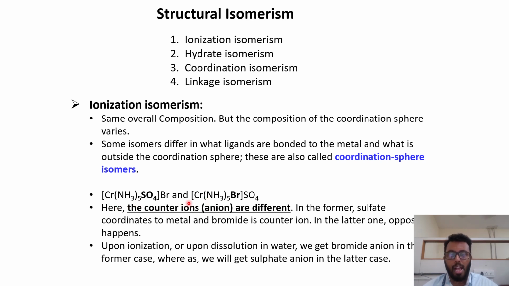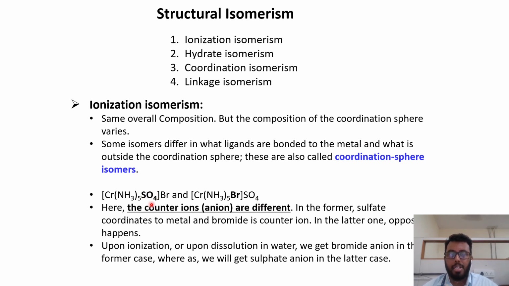These two complexes have the metal ion chromium, so they are chromium complexes. And what are the ligands? They have 5 ammine ligands and 1 sulfate ligand. The counter ion is bromide in the previous case, and the counter ion is sulfate in the latter case.